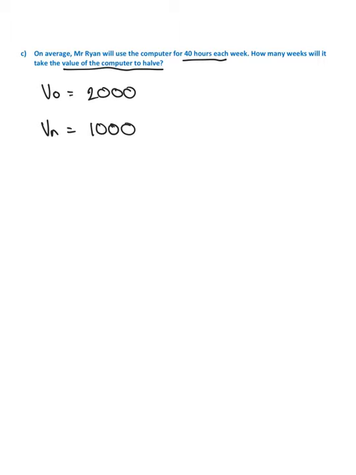We know that our formula needs to be Vn equals V0 minus nD. And it asks us how many weeks it will take the value of the computer to halve, but first we need to find the number of hours because that's what it depreciates in. So we're trying to find n. This is where you need to recognize that you need to use your solve function in your calculator.